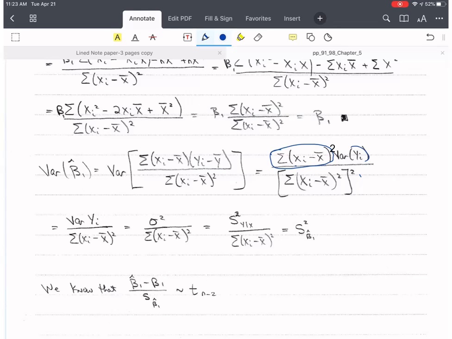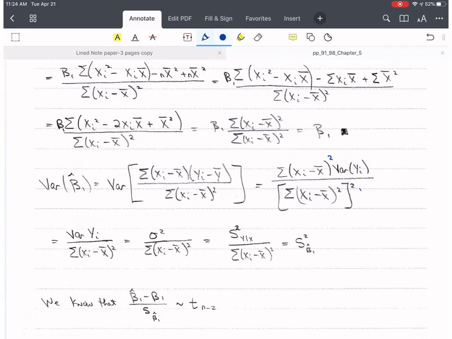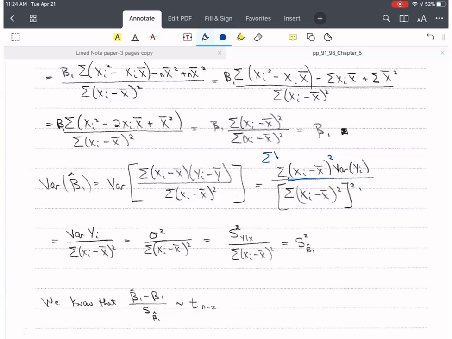This has an i in it, so again, I can't get rid of it in this term that's circled here. That does not go to 0 because each value is multiplied by the variance of yi. For each value, I get the square. It's not of the whole sum, but when I take the variance, I had the sum of the variance of xi minus x bar times yi.